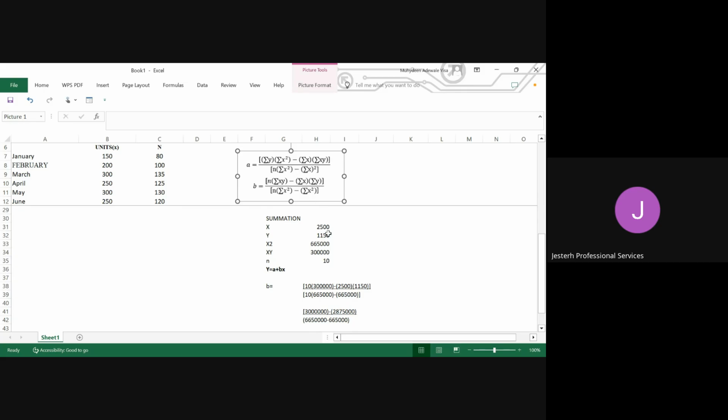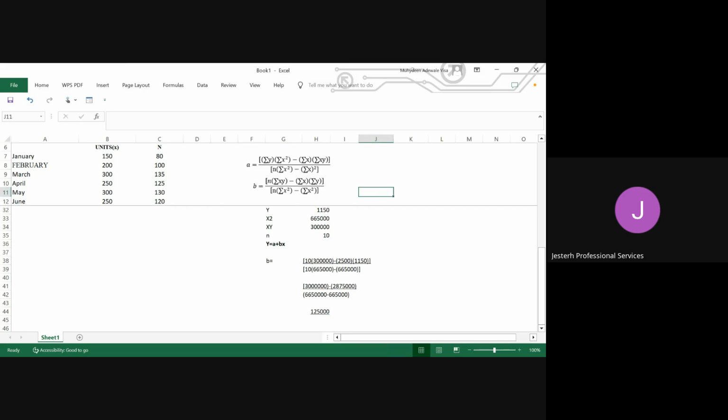I think I've mixed it together. All right, give me a few seconds. Let me try to recheck the formula again. I want us to be on the same page so that we will not have issues.